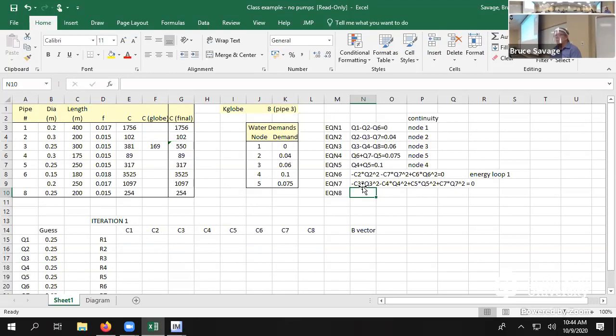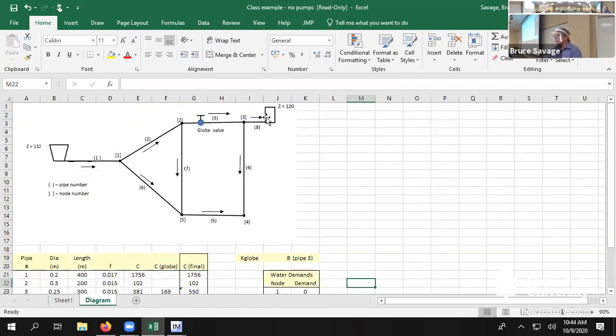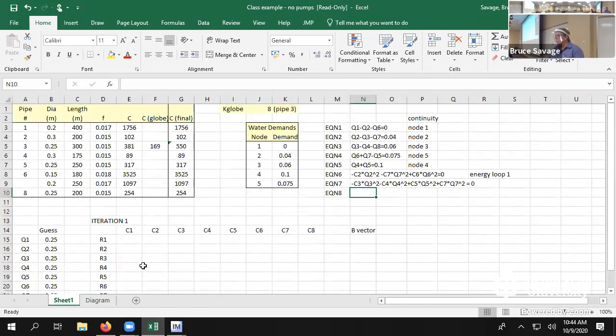So now I can write my pseudo loop. I should have labeled those. I'm going to call this one B and this one A. So the one on the right is B and this one is A. I'm going to start with the hydraulic grade line at B, and go through pipes 8, 3, 2, and 1. I'm going against the flow in pipe 8, so plus C sub 8 times Q sub 8 squared.